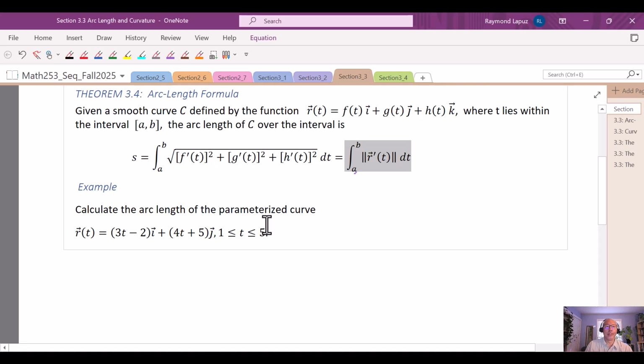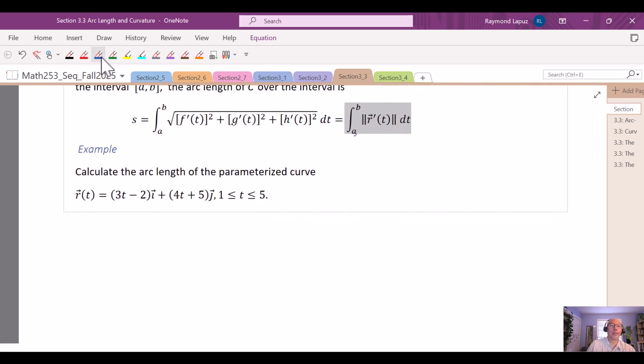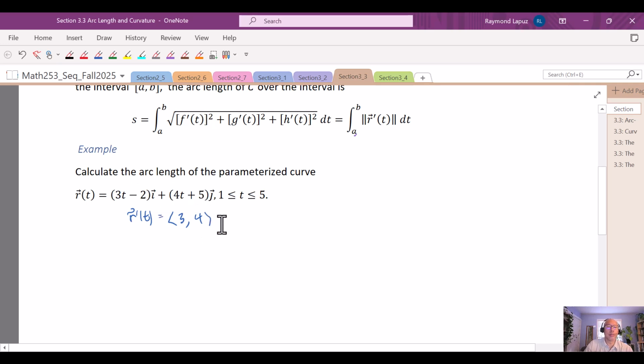But let's do it using our arc length formula, and to do that we need to find the derivative, r prime of t. The first component gives us a constant 3, and the second component gives us a constant 4. So the derivative of 3t plus 2 is 3, and the derivative of 4t plus 5 is 4.